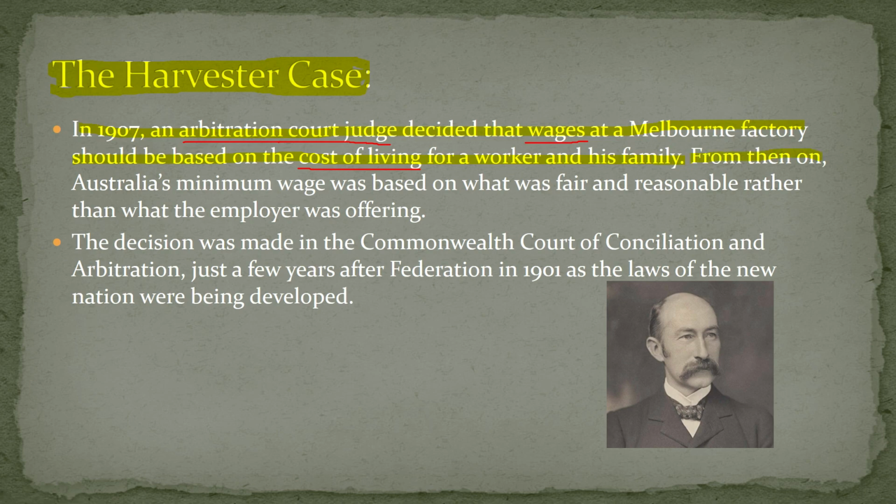From then on, Australia's minimum wage was based on what was fair and reasonable rather than what the employer was offering. Now, this prevented the negative effects of capitalism. We learnt about capitalism in week 3, and it's basically about equal opportunity, where anyone can start a business, given the freedom and the right to do that.